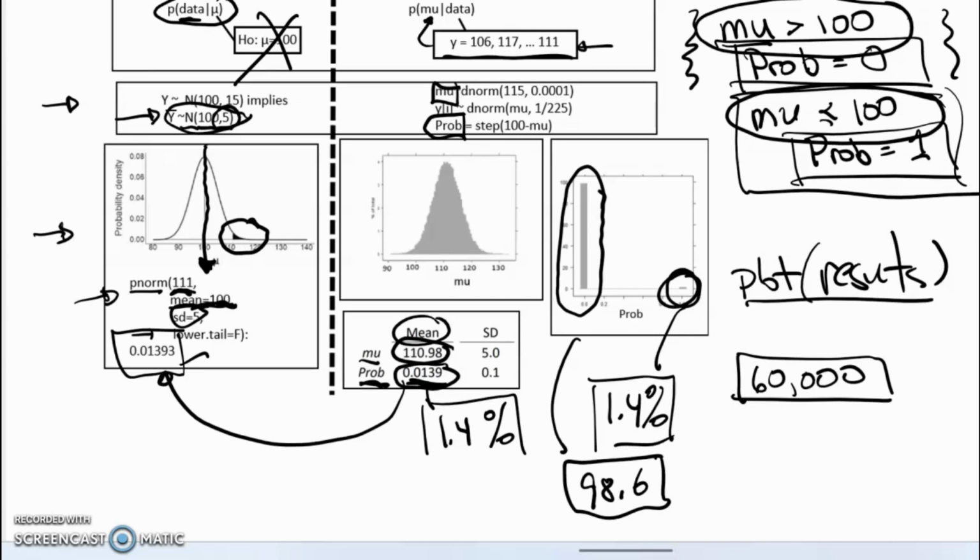If you think about what this value means, 0.0139 is the proportion of values that are less than 100. What the Bayesian is doing is calculating the probability of mu conditional upon the data.